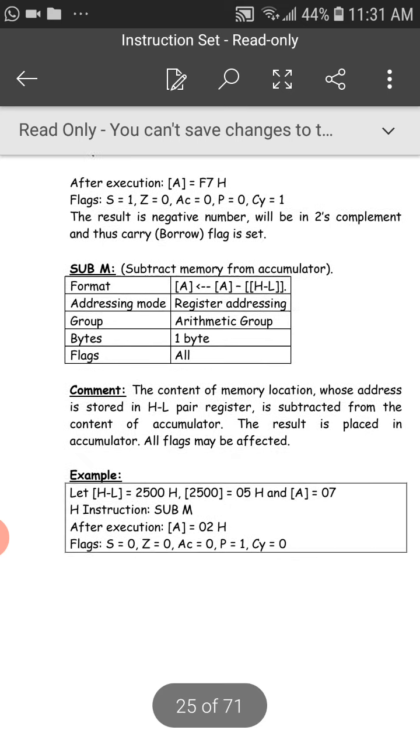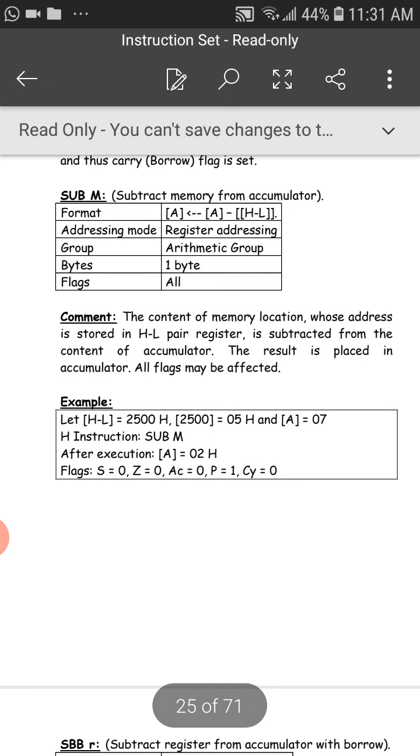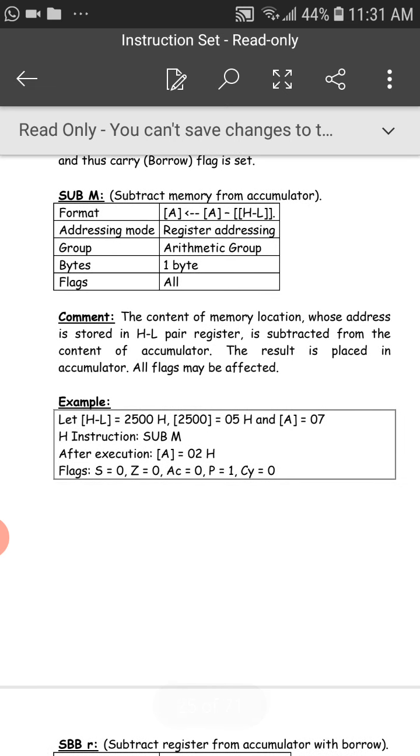Then subtract memory from accumulator. This is also the same as the previous one, but here memory is used. So the content of the memory location whose address is stored in the HL register pair is subtracted from the content of the accumulator, and the result is placed in the accumulator, and all flags may be affected.